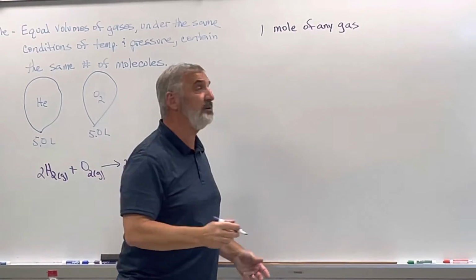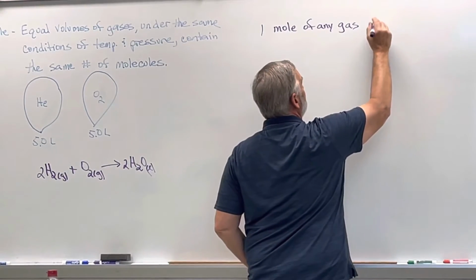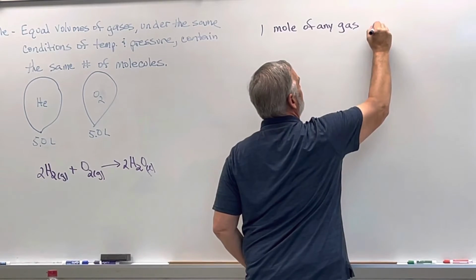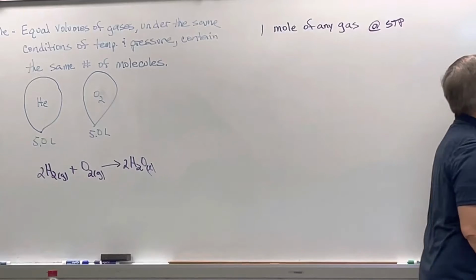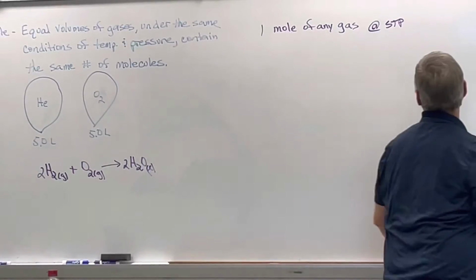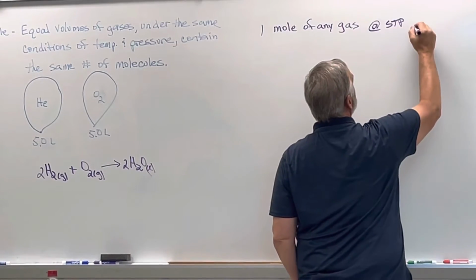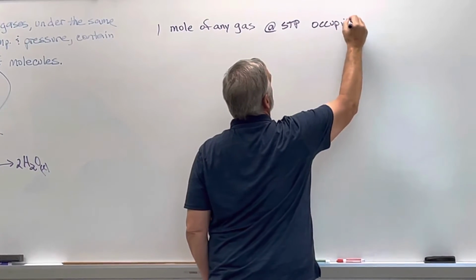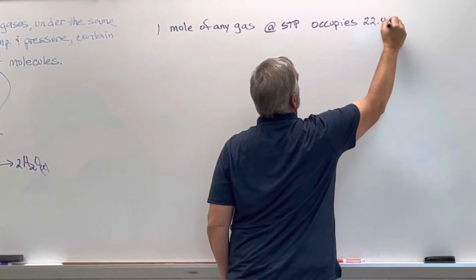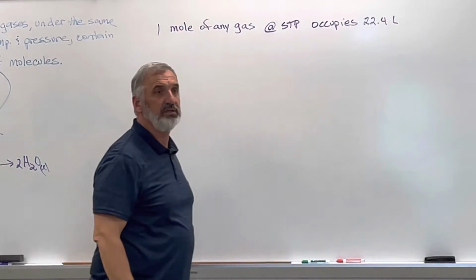Let's just say at STP. At STP, 1 mole of any gas occupies 22.4 liters. That's huge.